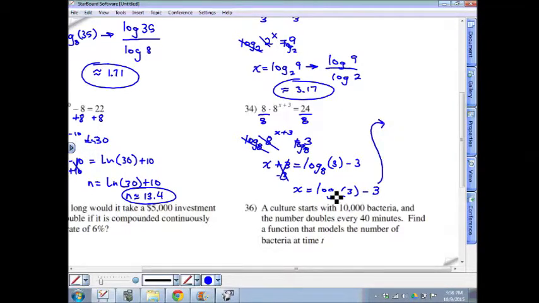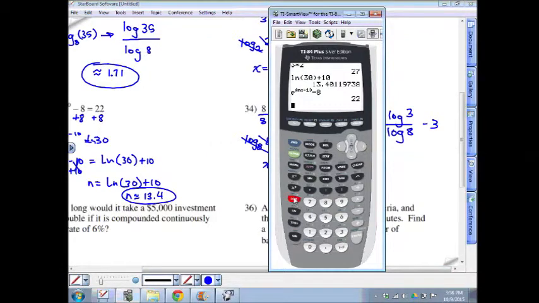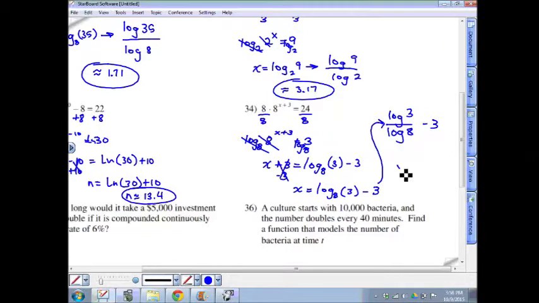we're going to have to plug this into a calculator. Log base 8 of 3 is the same as the log base 10 of 3 divided by the log base 10 of 8, and then we can subtract 3 from that. So log 3 divided by log 8, subtract 3, is negative 2.47 approximately.